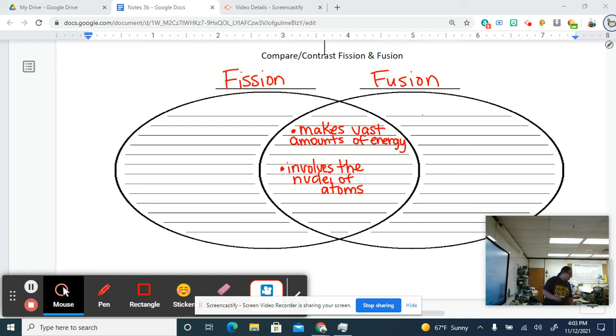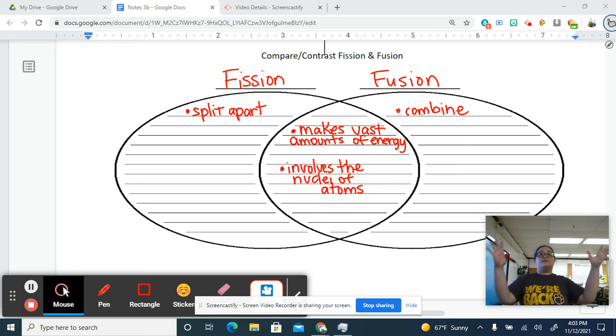All right, so what about fission? What's our definition of fission? Fission, split. It splits apart. And then what does it mean to fuse something? To join or combine. In fission, we have one large atom that gets split into smaller ones. In fusion, we have smaller atoms that get combined into a larger one.